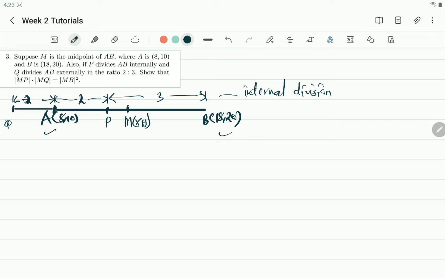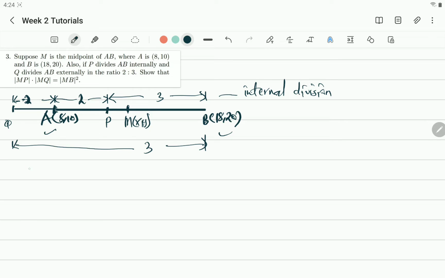So the distance is 2, but the actual value of the ratio becomes negative of that value. And from Q to B is going to be 3. So negative 2 and 3 becomes the ratio.